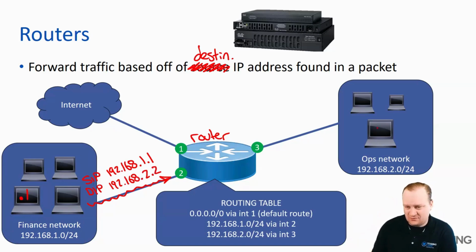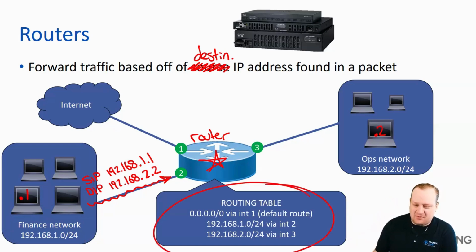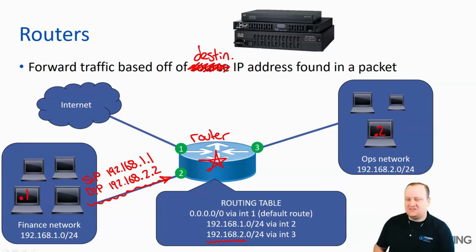We'll say that's this guy over here. This message comes into the router and it says, let me check my table. It says, all right, if you're trying to go to 192.168.2.0/24, which basically means anything that matches the first three numbers in the IP address, you're good. And we do match 192.168.2. It says you should go there through interface number 3.